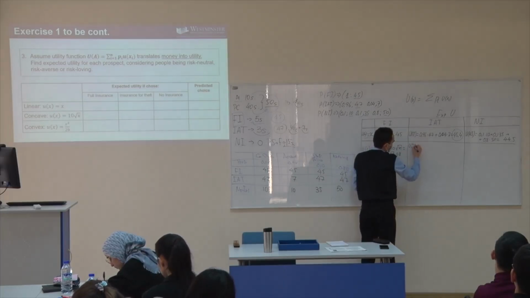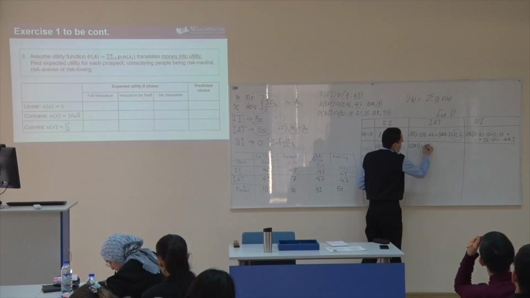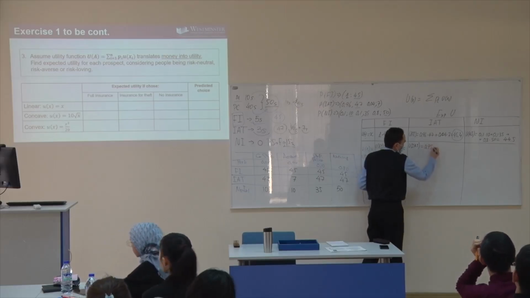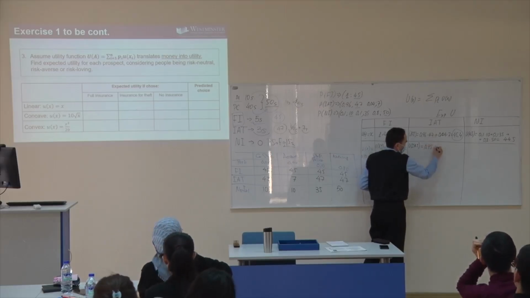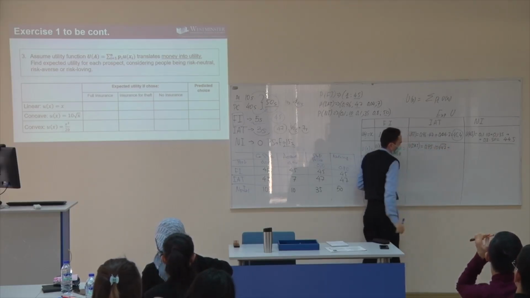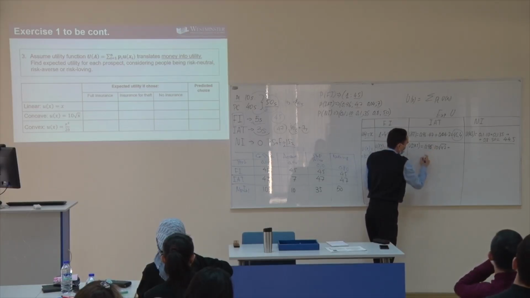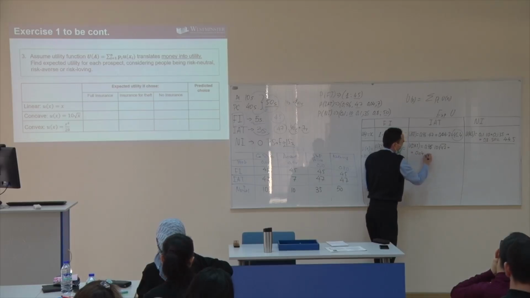So now, insurance against theft for risk-averse people. We said there is a 96% probability that the payoff is going to be 47, so 10 times the square root of 47, plus a 4% probability of 10 times the square root of 7.